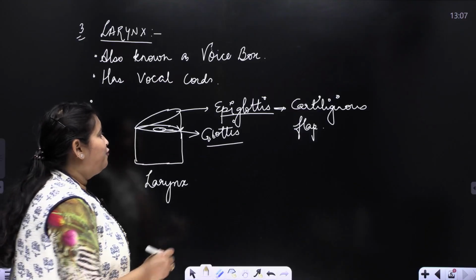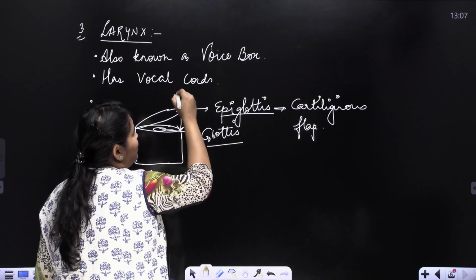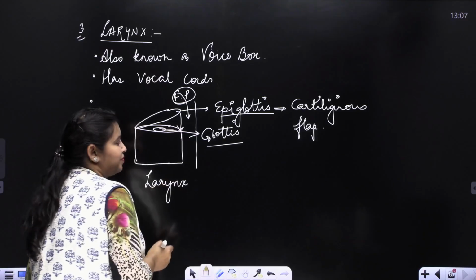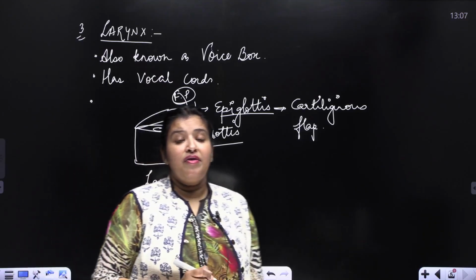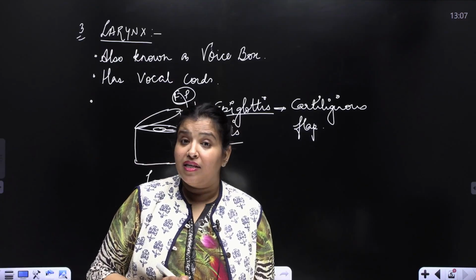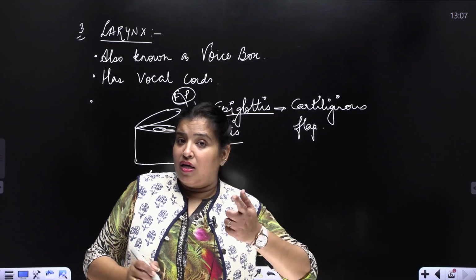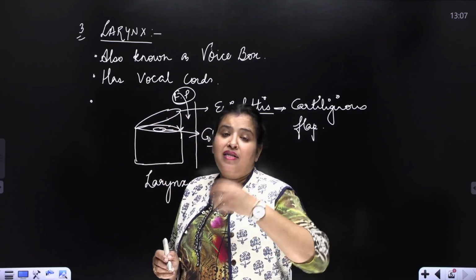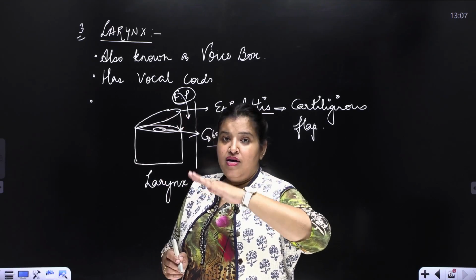Now, the food will automatically be directed into the food pipe. Clear? That is the reason we are often told that we should not speak when we are eating. Because when we speak, the epiglottis will remain open, and when we eat, the epiglottis has to close.